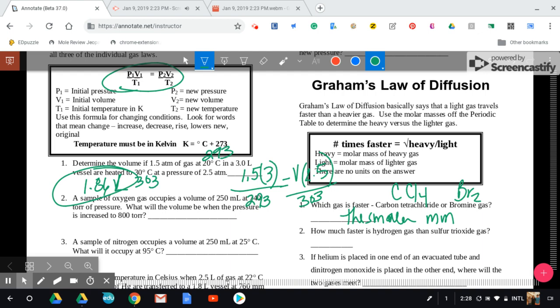Now, how much faster is hydrogen gas than sulfur trioxide gas? So you're going to get the mass of sulfur trioxide, and I don't have my periodic table while I'm doing this, and then you're going to get the mass of hydrogen. You take the square root of that, and that tells you how much faster it's going to go.